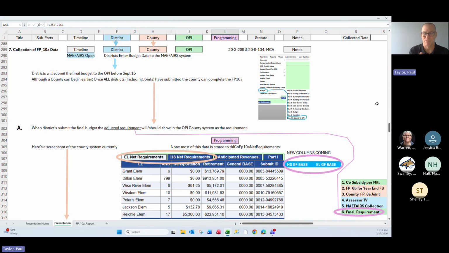It's just that we all have our own roles and sometimes people haven't communicated some of those roles with each other. What an FP10A is, like I said earlier, the FP6B was kind of a report of the actuals. The FP10A is somewhat of a county's budget, and it has to take some of these pieces that we've been talking about so it can develop its budget.